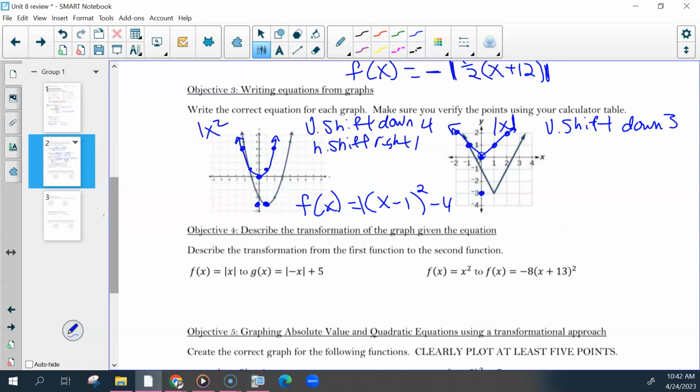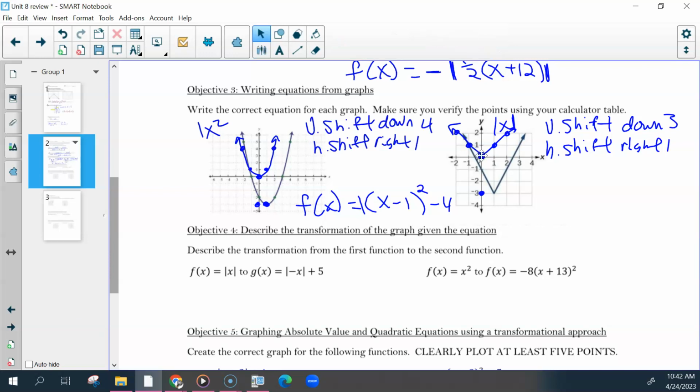What else? It moved to the right again. There's one more thing that happened. Look at the slope between the one that's given and the parent one. Think about that.